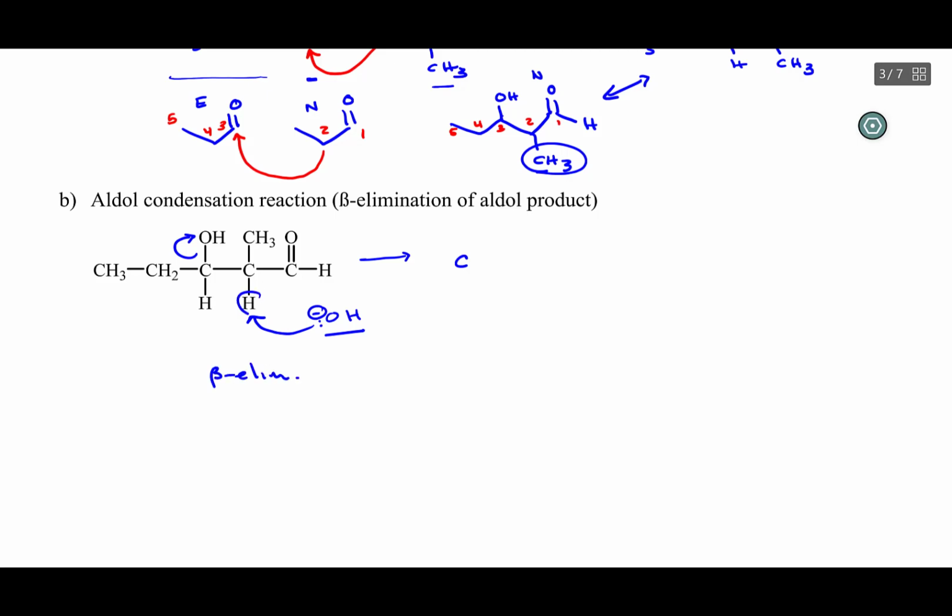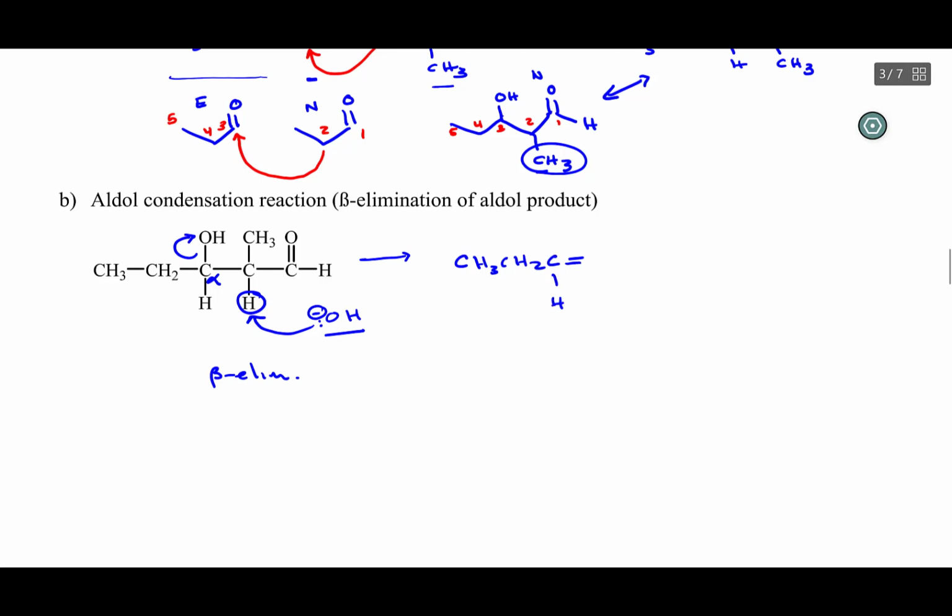because this hydrogen, this is the alpha for the alcohol, this is beta for the alcohol. For the carbonyl, it's alpha, but it's still a beta elimination. And you'll end up with CH3, CH2, and then C double bond H. I guess the H is on the bottom.